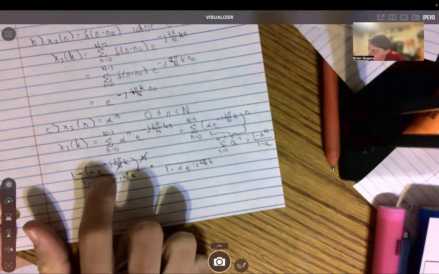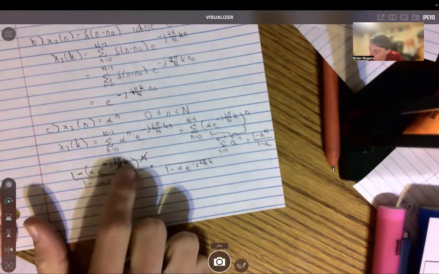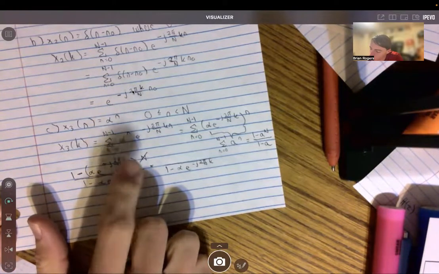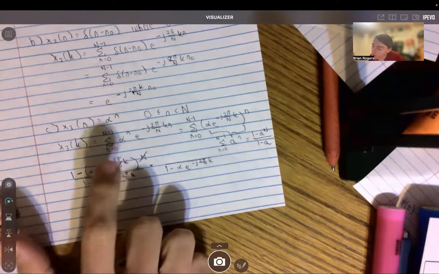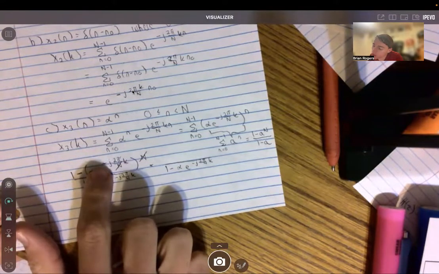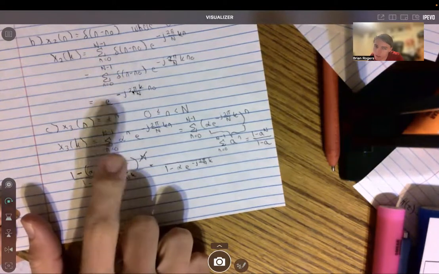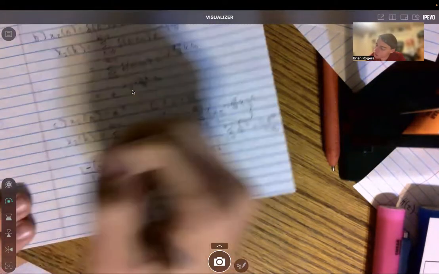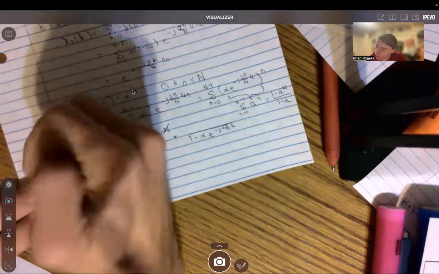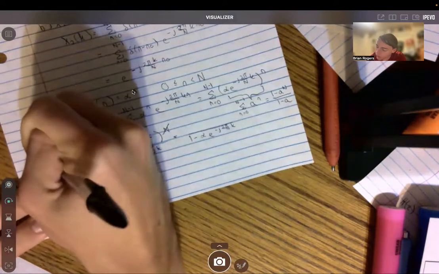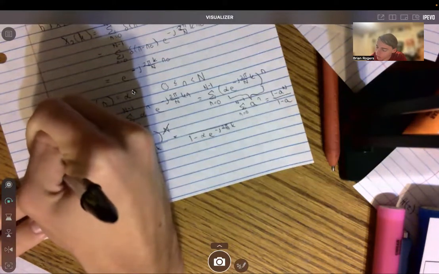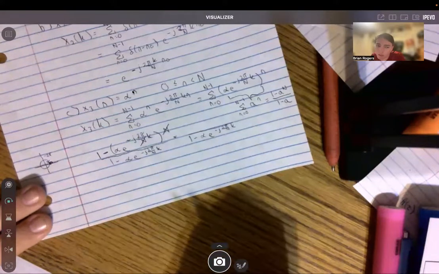And then in our numerator, what you're going to see is this term here, e to the negative j 2 pi k, where k is equal to 0, 1, 2. Isn't e to the negative j 2 pi always going to land on the unit circle at the same exact location? If you go around negative 2 pi on the unit circle, you're always at the 0 point again.